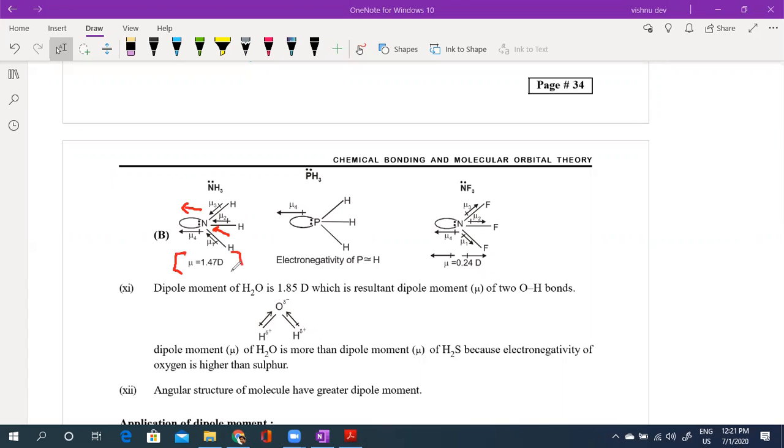But in NF3, since F is more electronegative than nitrogen, it is subtractive, because the net bond dipole moment would be opposite to the dipole moment of the lone pair. So it is less than NH3. Now, in PH3, since the electronegativity difference between P and H is very small, almost equal, there's no polarity. So the dipole moment will be because of the lone pair. Got it?